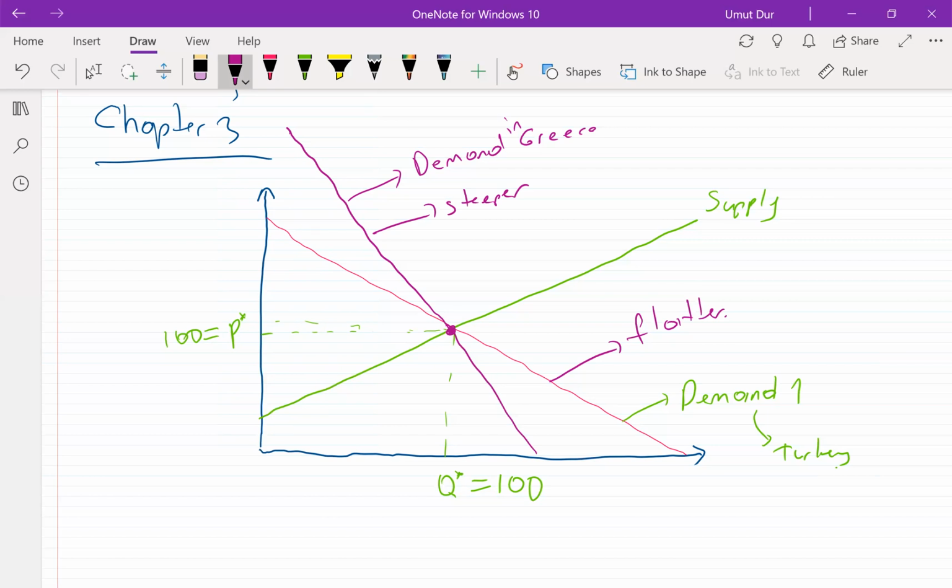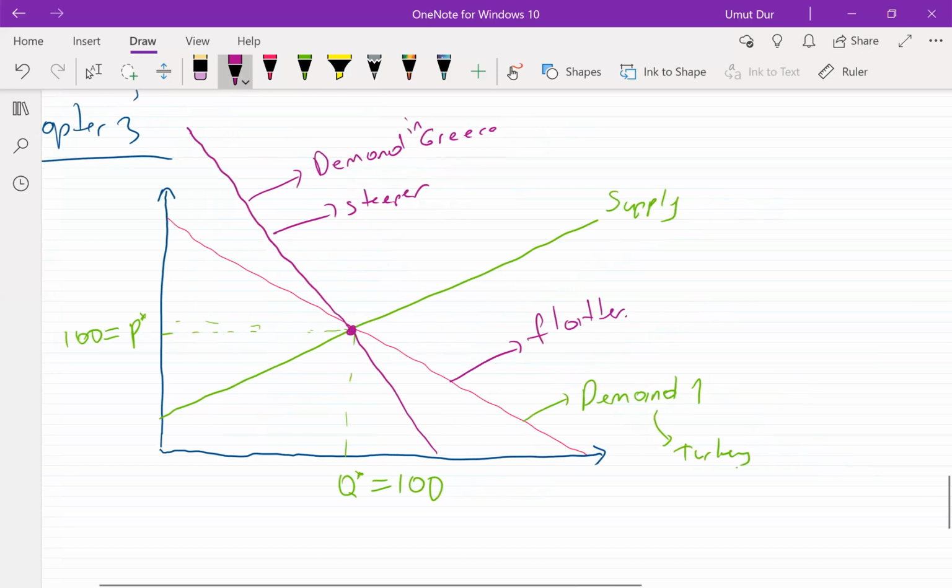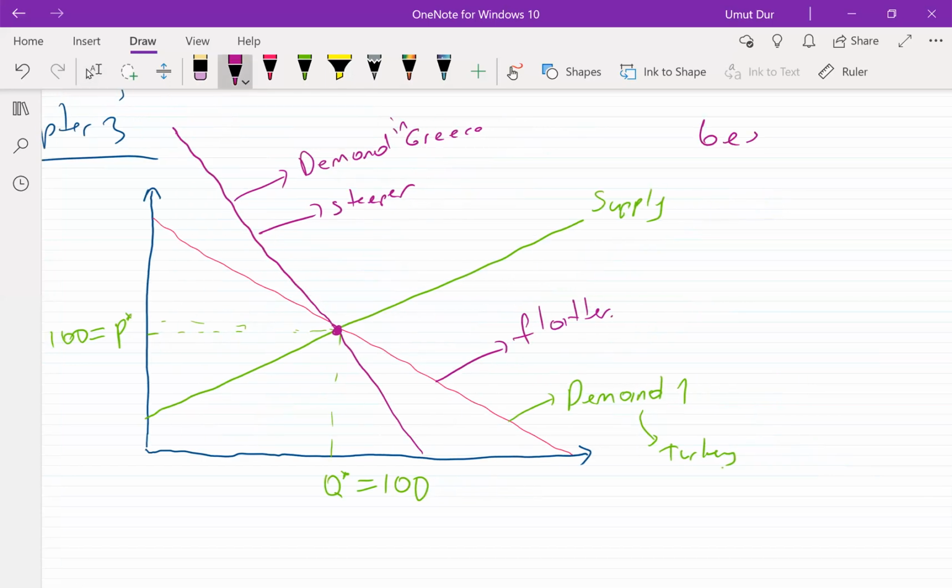What if we have a change in the supply? Let's say this is the market for beef, and the price for cattle increases.